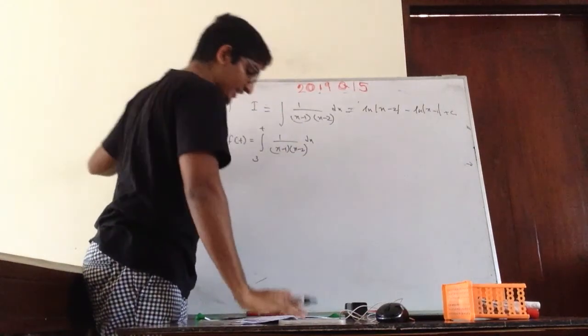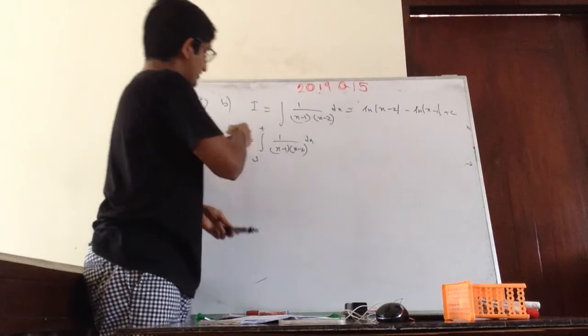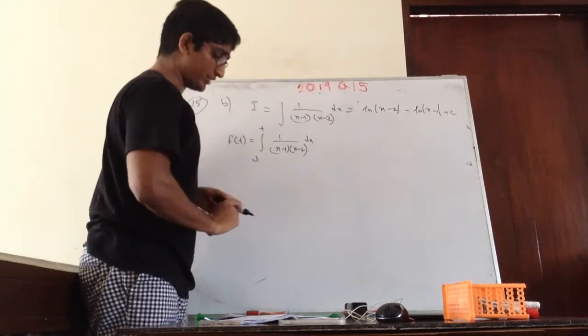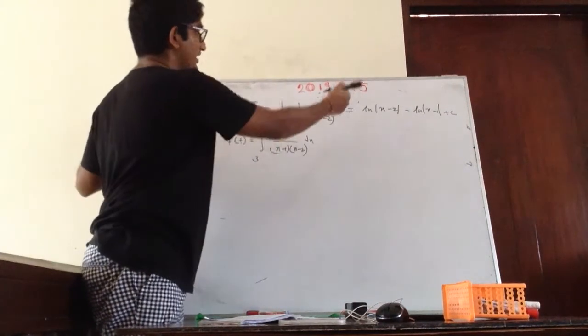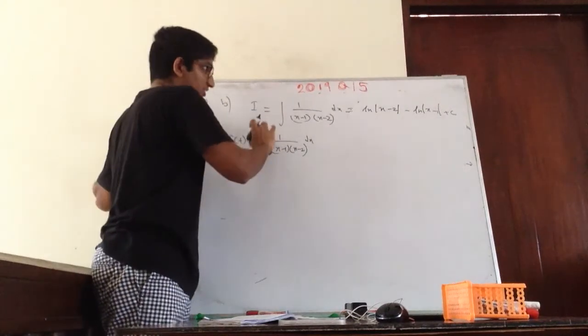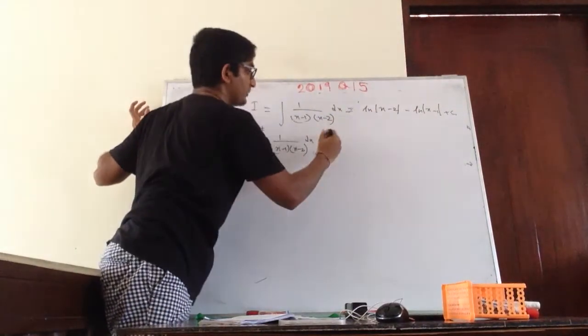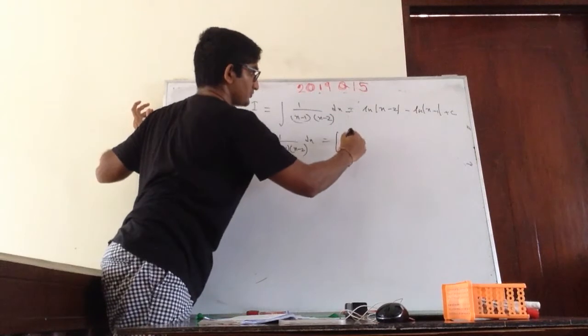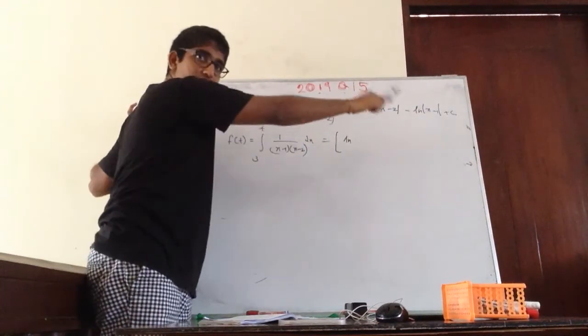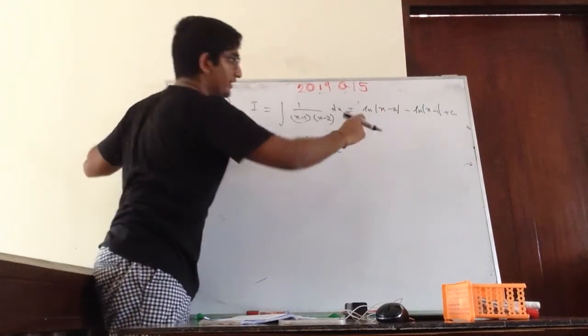So they are telling us to show that the answer of this is the given statement. So here what will be the answer? So now they have given us the limit, so we need to put the limit here. So when you put the limit, you don't put the c, right?